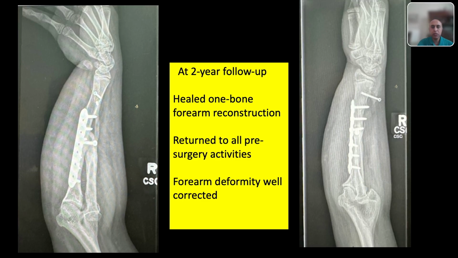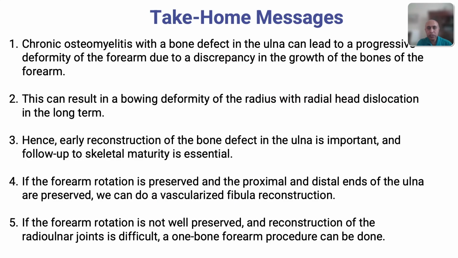So the take-home points are, chronic osteomyelitis of the ulna with pseudarthrosis can cause a progressive deformity because of the differential growth of the two bones in the forearm and the parallelogram effect, resulting in a bowing deformity of the radius to start with and a radial head dislocation later on.